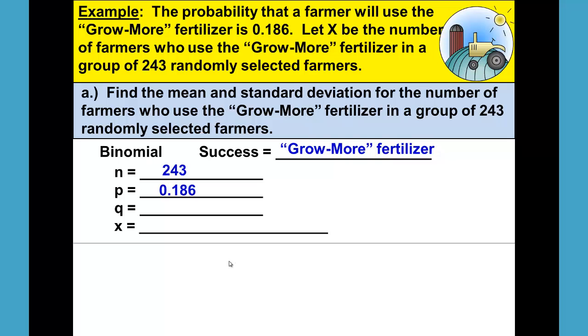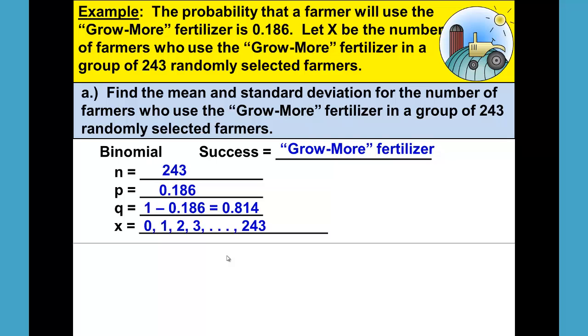Our probability of success is 0.186, which gives us our probability of failure at 1 minus 0.186, which equals 0.814.